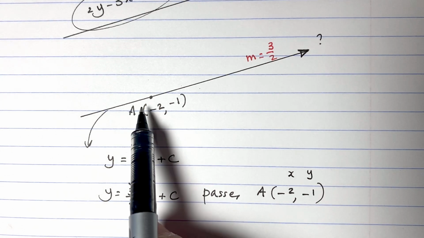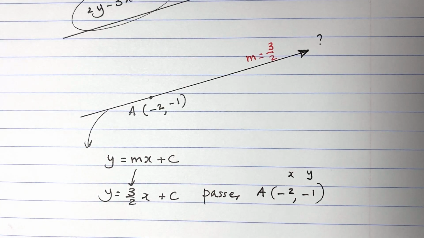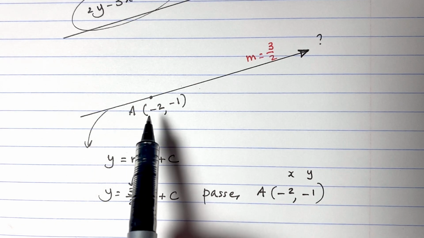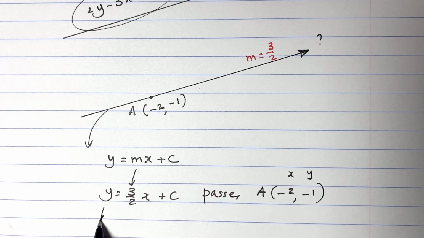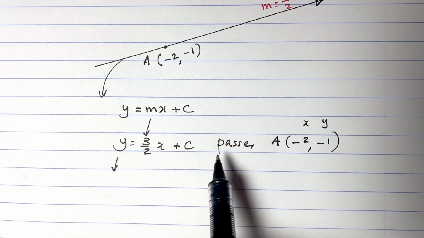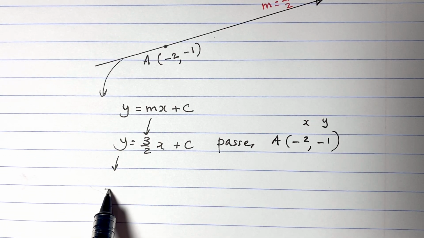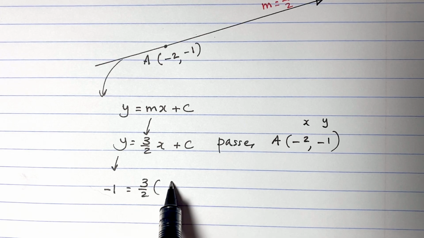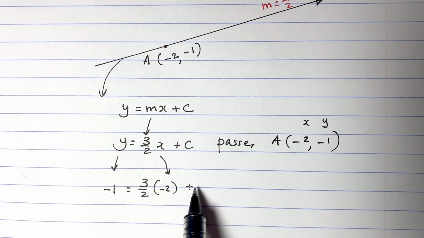Or I could say point A lies on that line, or the line passes through, all the same meaning. So you need to replace the x and y of the equation of the line with the x and y coordinates of the point that lies on it. So here, y is going to be written as minus 1, x going to be minus 2, plus c.